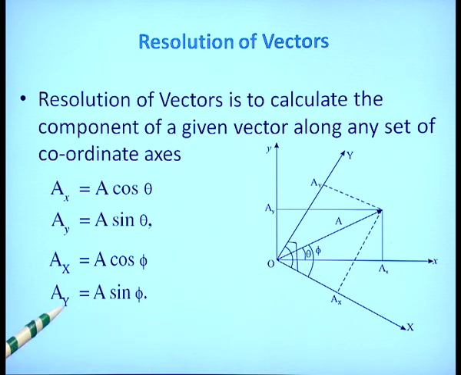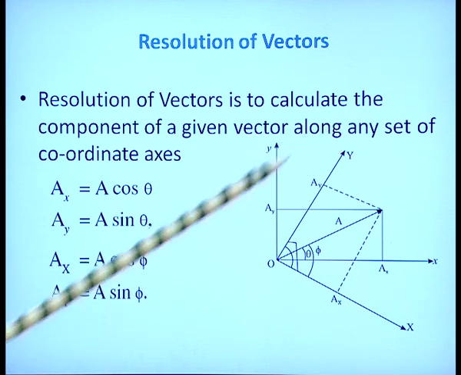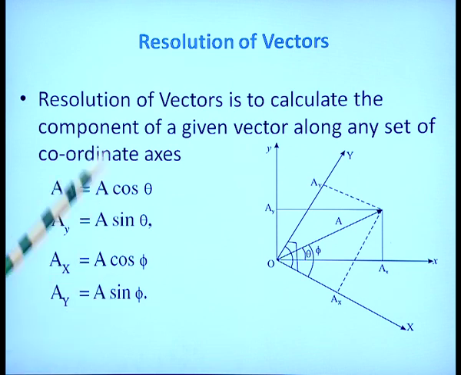Similarly, you can find out Ay, that is the component of vector A along y axis, as A sin phi. So, this is how we can find out the components of any vector in any set of coordinate axes as Ax and Ay.